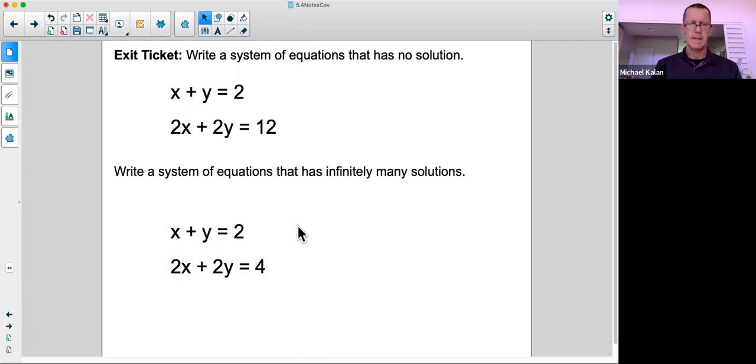And the y-intercepts would be the same also, right? Because I would divide by 2, and 4 divided by 2 is 2, and that would match that one. So same slope, same y-intercepts means same line, which means there's an infinite number of solutions.